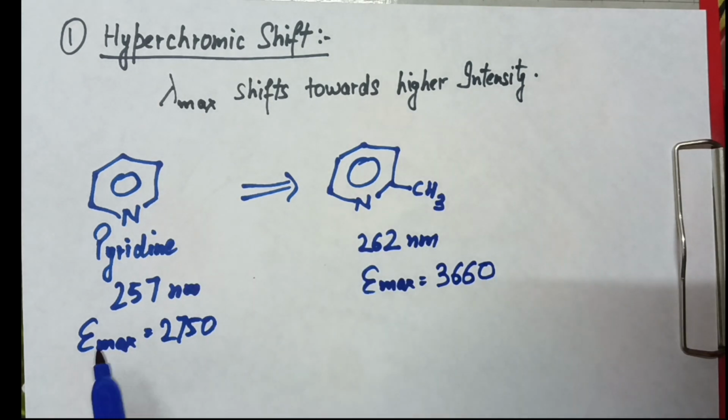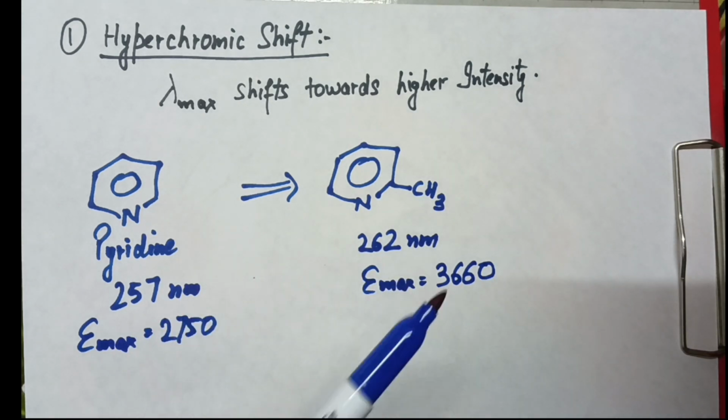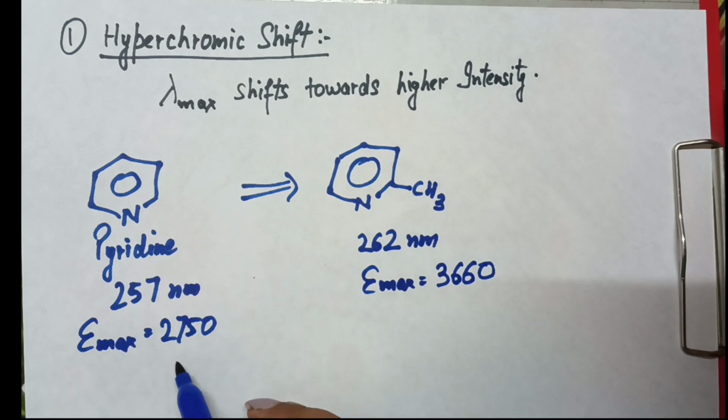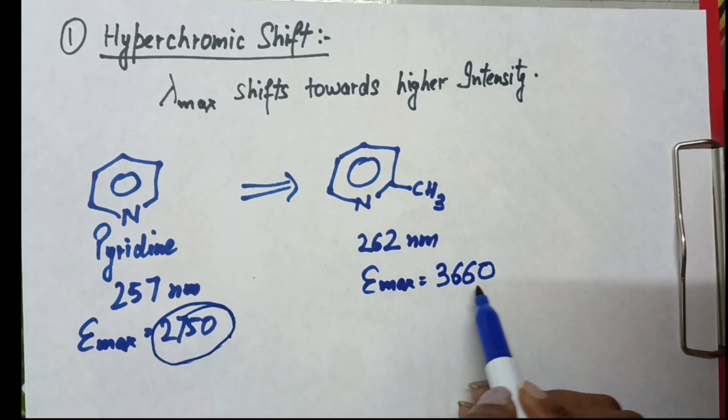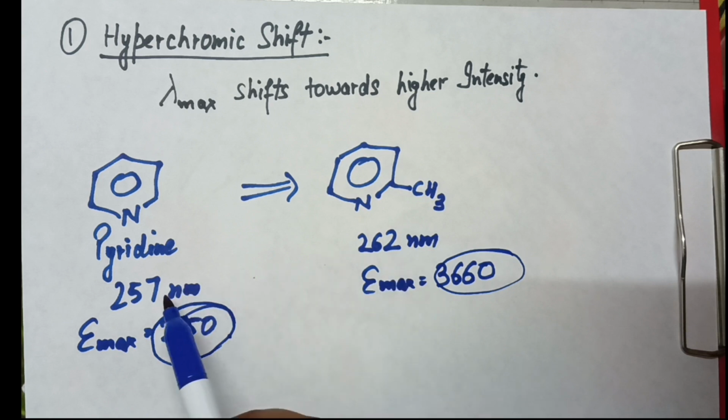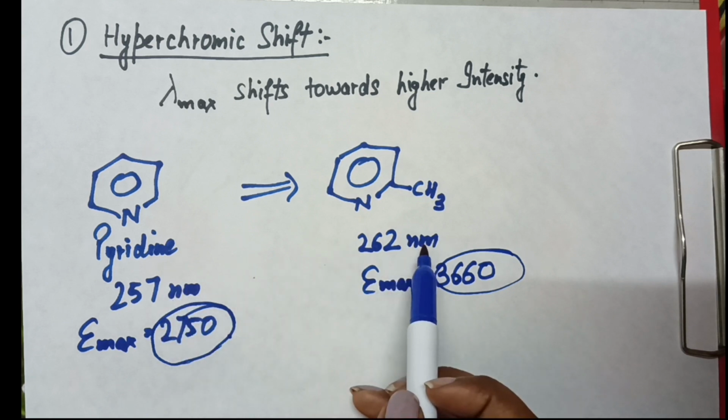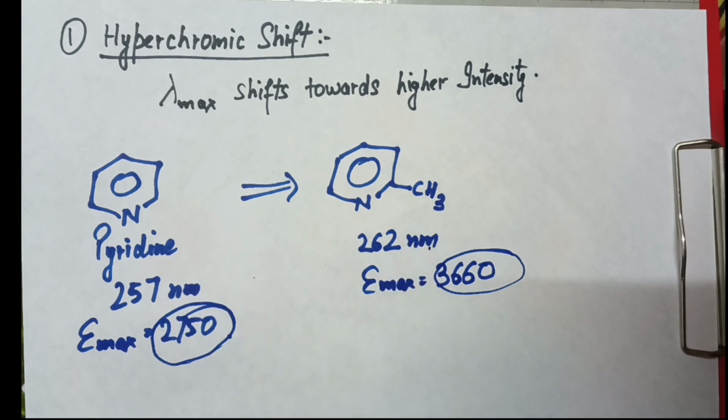So in this case we are going to find the hyperchromic shift. So here epsilon max has increased from this to this and the lambda max has shifted towards the higher intensity because of this extra methyl group. This is an example of hyperchromic shift.